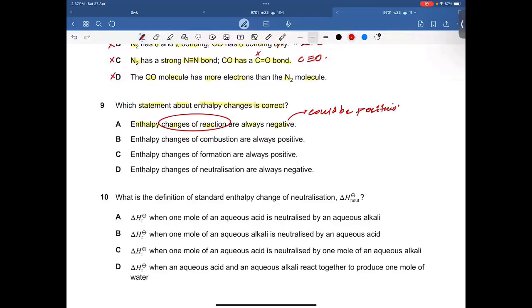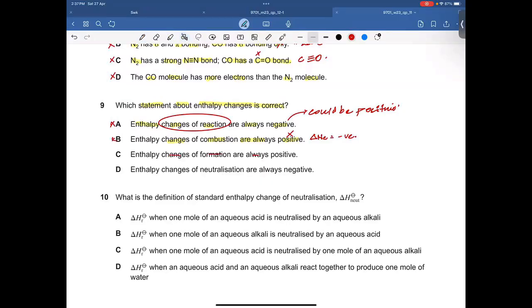Okay. Next, so option A is incorrect. B, enthalpy change of combustion are always positive. Combustion is always negative. Delta Hc is always negative. Okay, so option B is incorrect.